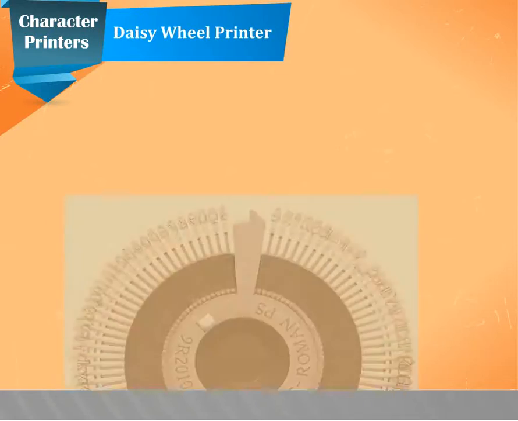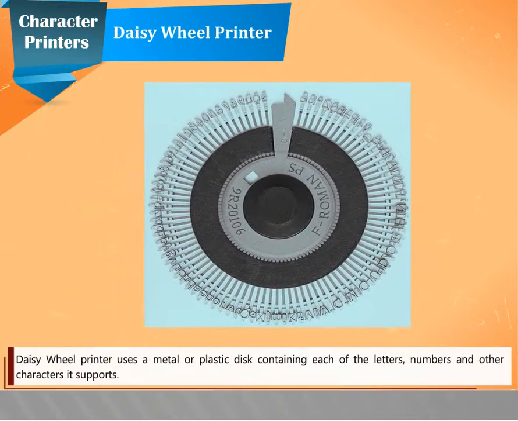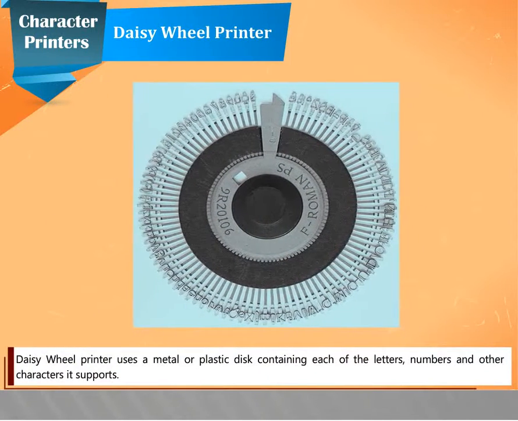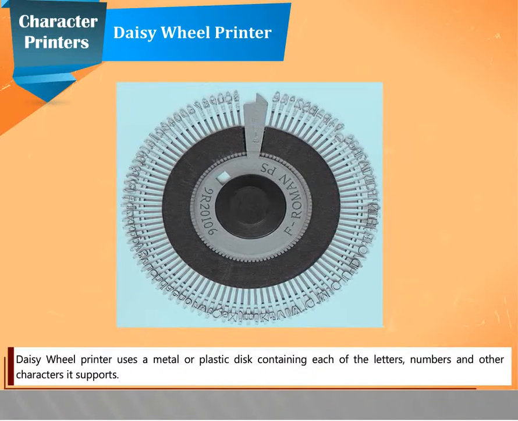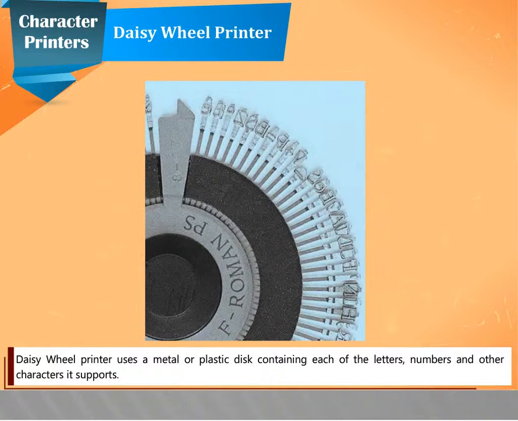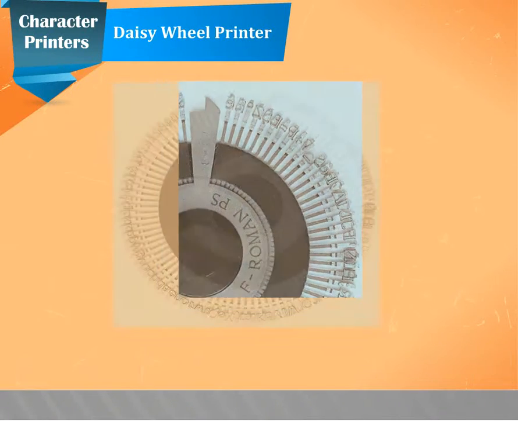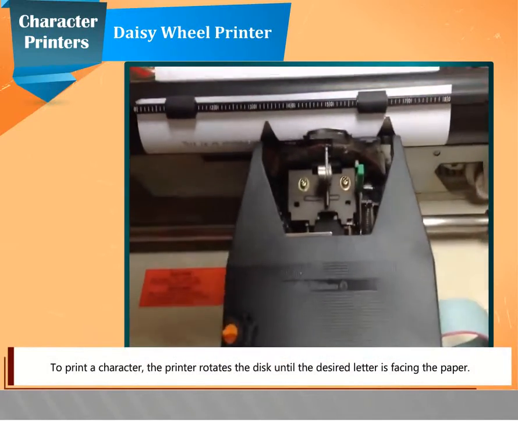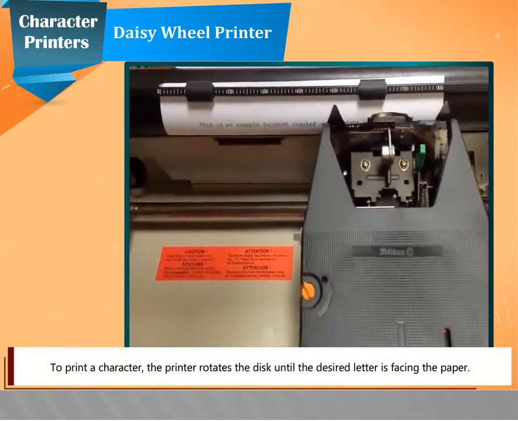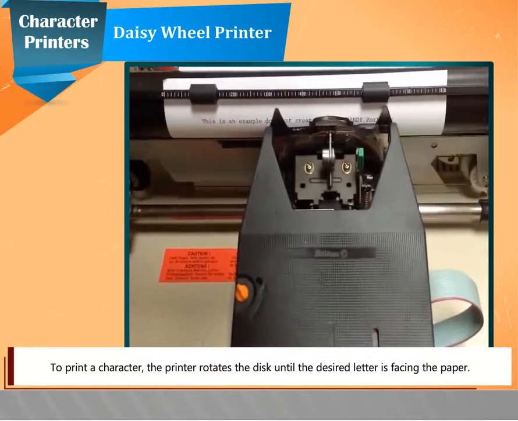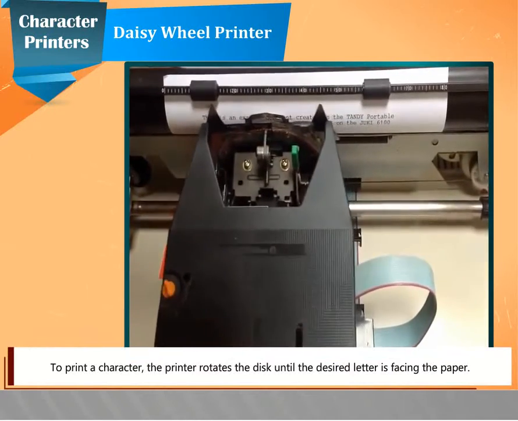Daisy wheel printer. A daisy wheel printer uses a metal or plastic disc containing each of the letters, numbers, and other characters it supports. To print a character, the printer rotates the disc until the desired letter is facing the paper.